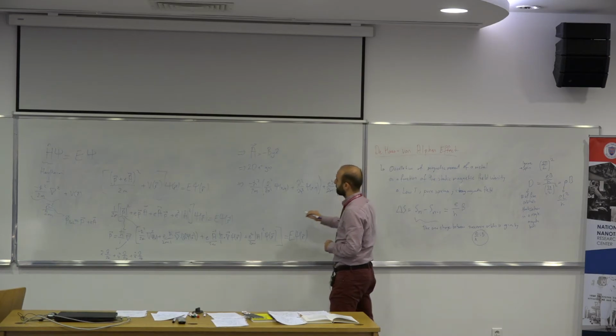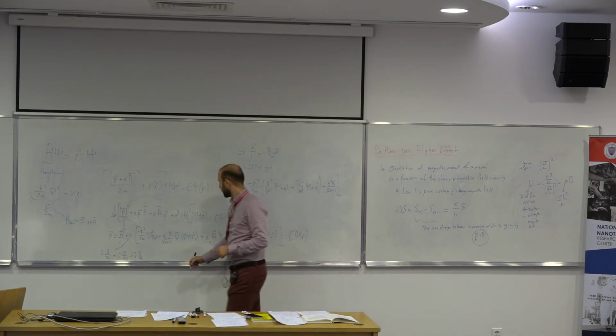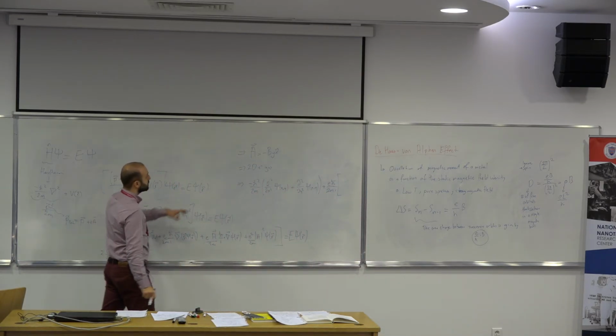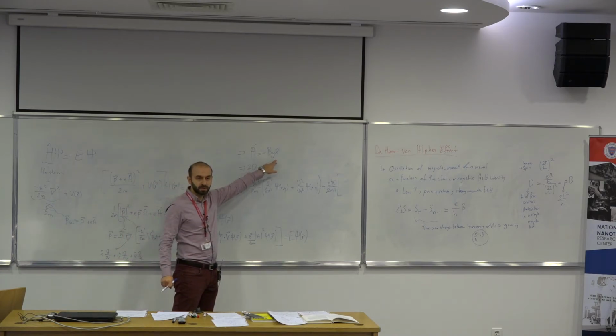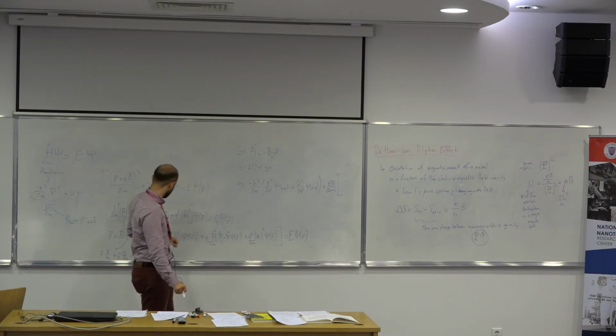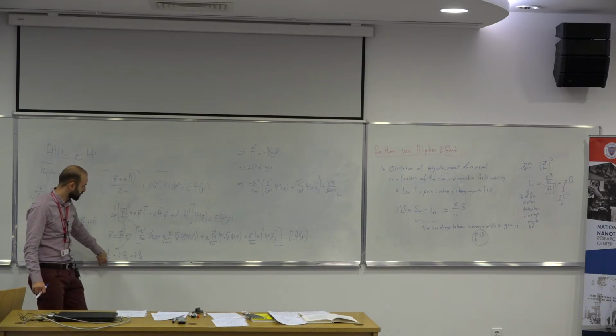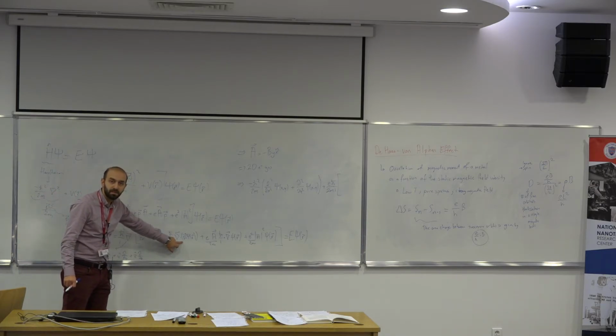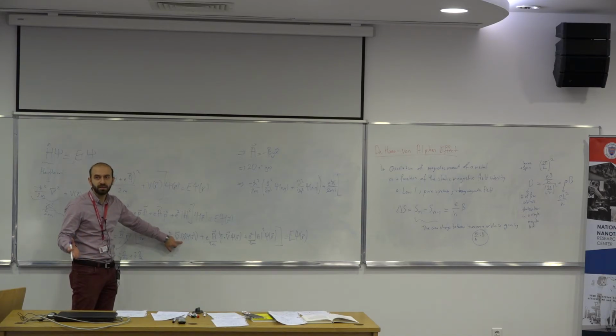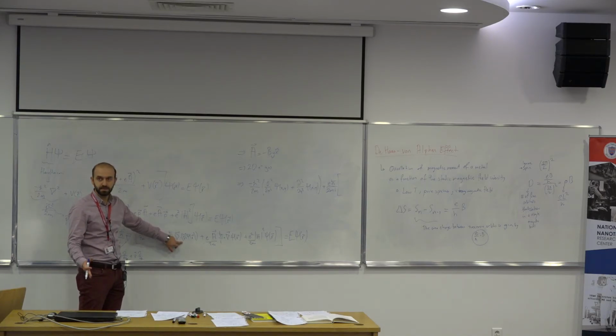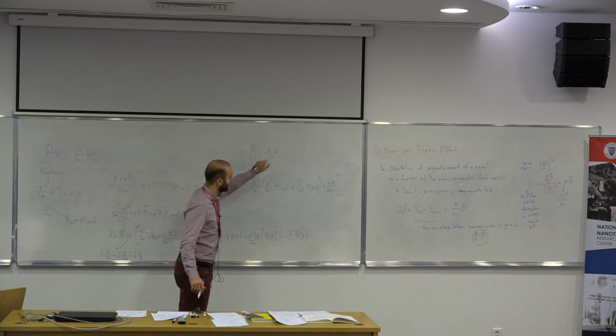So my A is a vector along the x direction, right? So only this will survive here, but my A is not a function of x, it's a function of y.